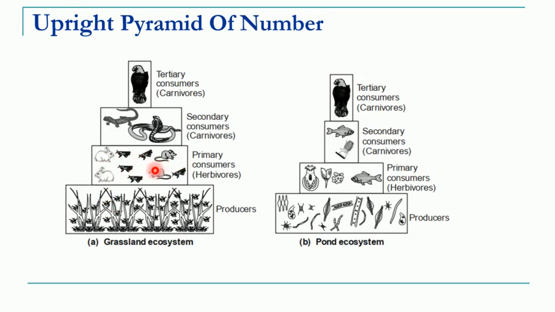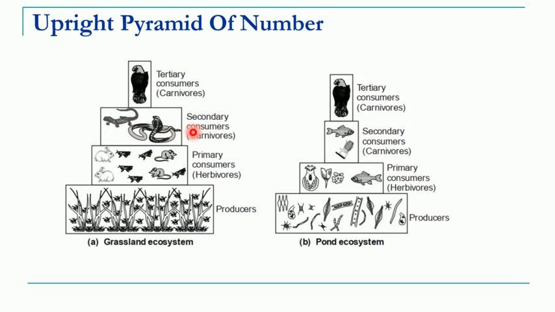Now these herbivores like rabbits, crickets, grasshoppers or rats are eaten by the secondary consumers, which we also call carnivores. These may be in the form of snakes, lizards, or even foxes or other higher mammals.